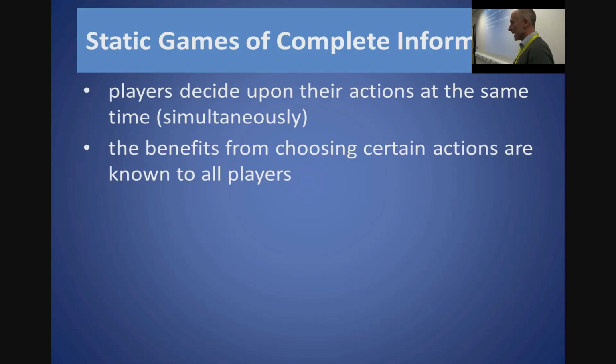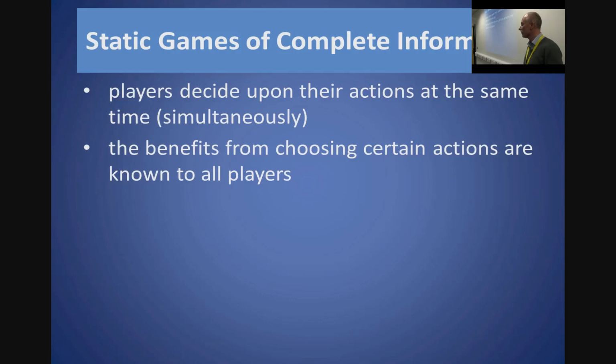That is, the type of static games we're going to be looking at are also static games of complete information. So the benefits or otherwise of choosing certain actions are known perfectly to all players within the game.